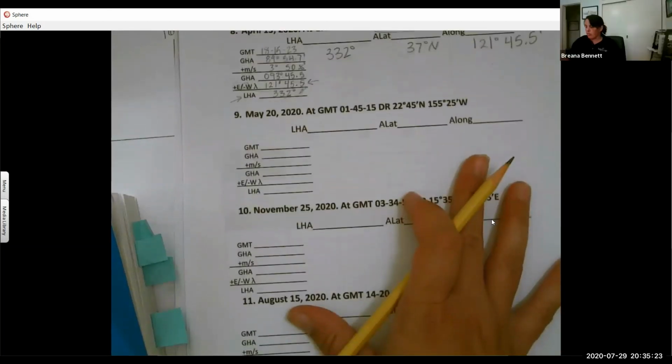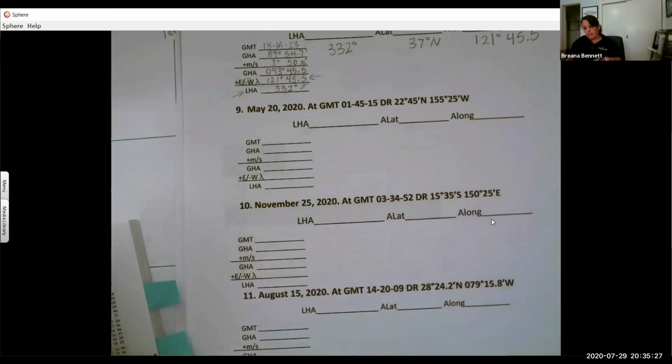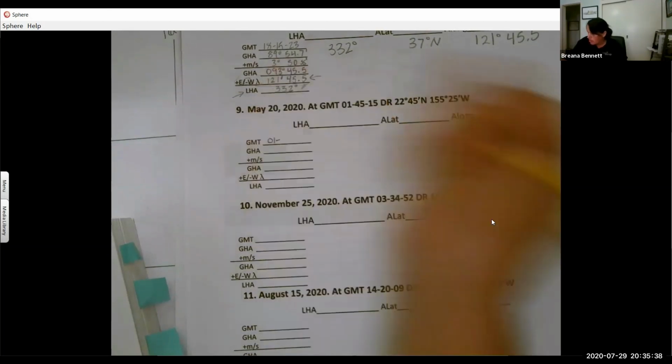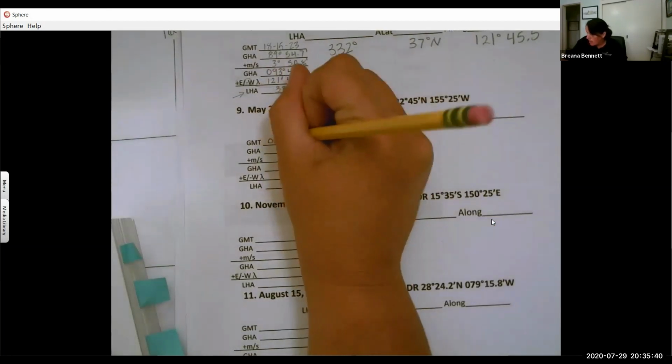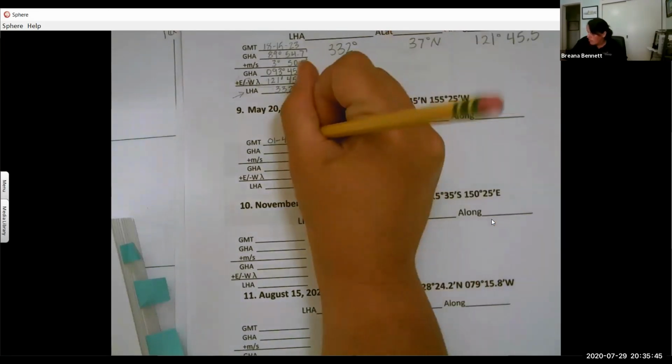Okay, so then we got May 20th, number 9. We have a GMT of 01:45:15.